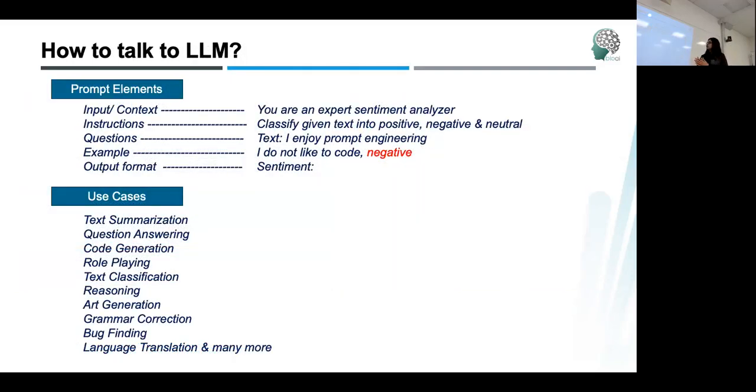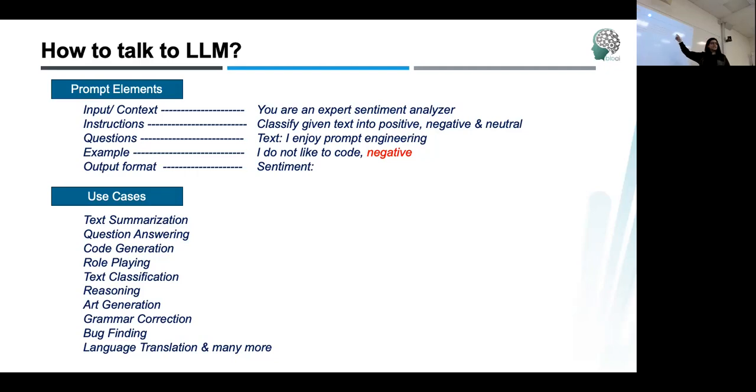So that's how prompts are built from the developer's perspective. Then if you need to talk to an LLM, there are basically 4 elements. Some say 5, some say 4, but 4 are typically a must. The prompt elements include the input text, for example, you are an expert sentiment analyzer. We are telling the LLM that it is going to play the role of a sentiment analyzer. In the instruction, you say, classify the given text into positive, negative, or neutral, for example. Then the third element is the question.